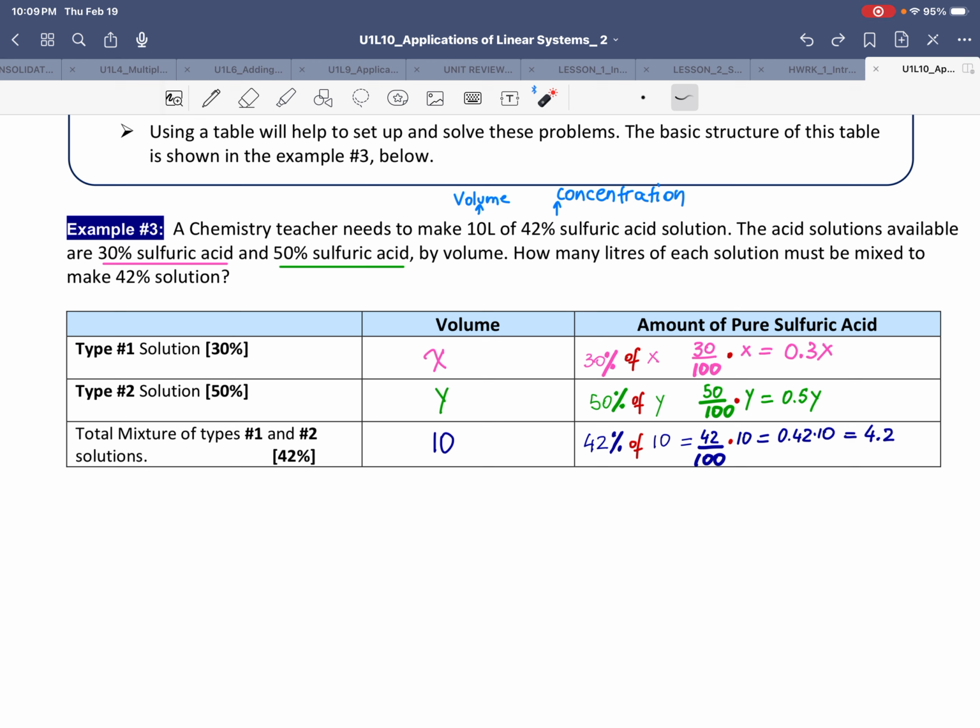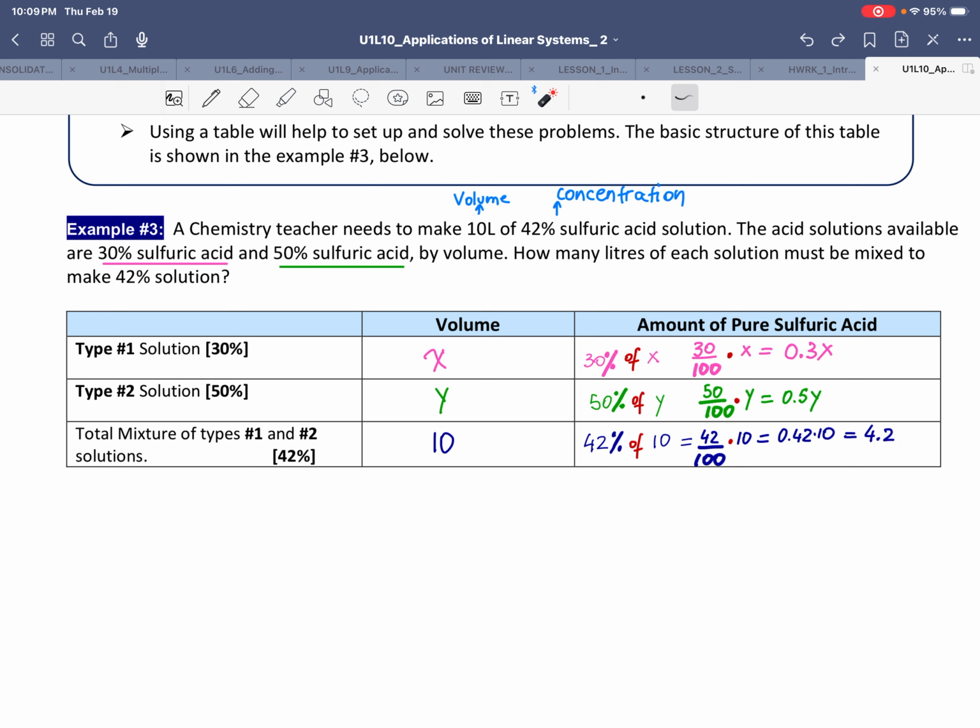So now, as you can see here, we have defined the volume of each solution that we are using, and we know the total volume, and we know the amount in volume always of pure sulfuric acid in each solution and the amount of pure sulfuric acid in the mixture. So that is going to be 42% of 10, so 4.2 liters will be pure sulfuric acid.